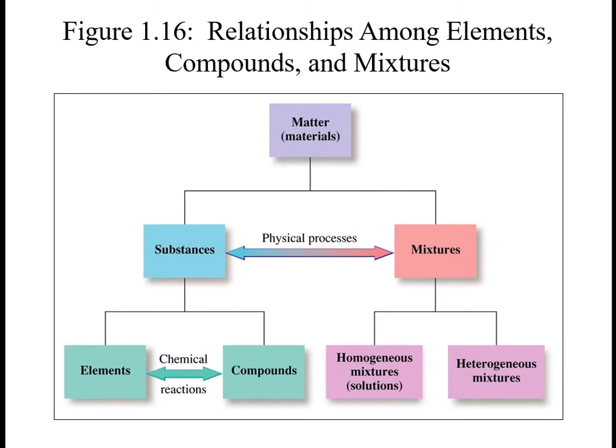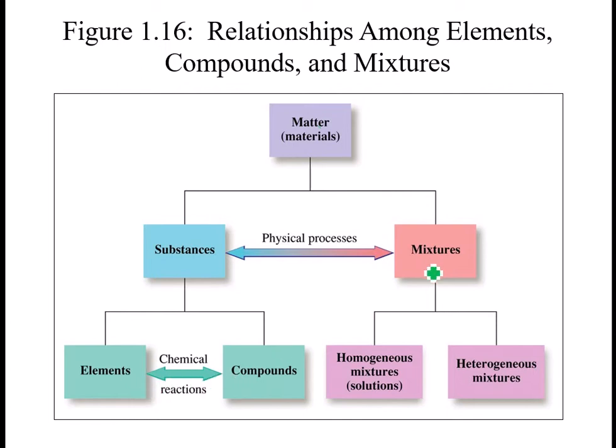So this diagram here, basically matter is anything, remember, that you can sense, and it can be broken up into two categories. I have substances, which means that they cannot be broken up by physical processes, and mixtures, which can be broken up into physical mixtures. And then under substances, I have two types. I have elements and I have compounds, and I can go between these two by chemical reactions or chemical changes.